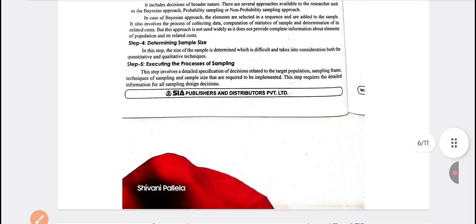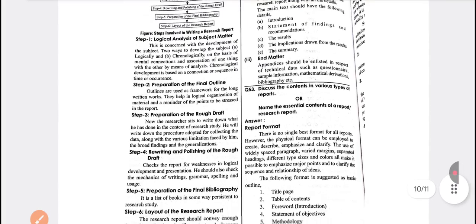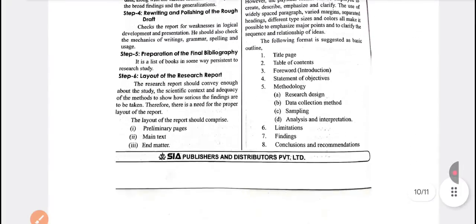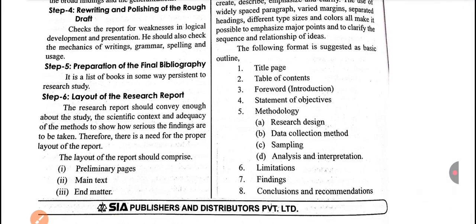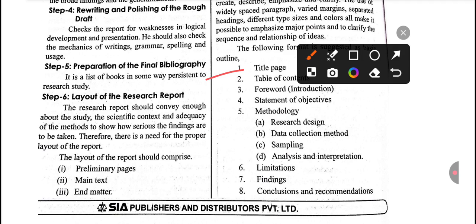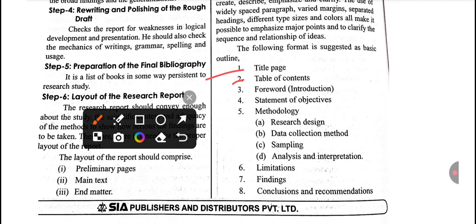And the second one is the research report. Research report is also one of the important things. After finishing your research, how we need to do the report, and what contents you need to include. First, your research should have a title, a table of contents, like a lesson name table.